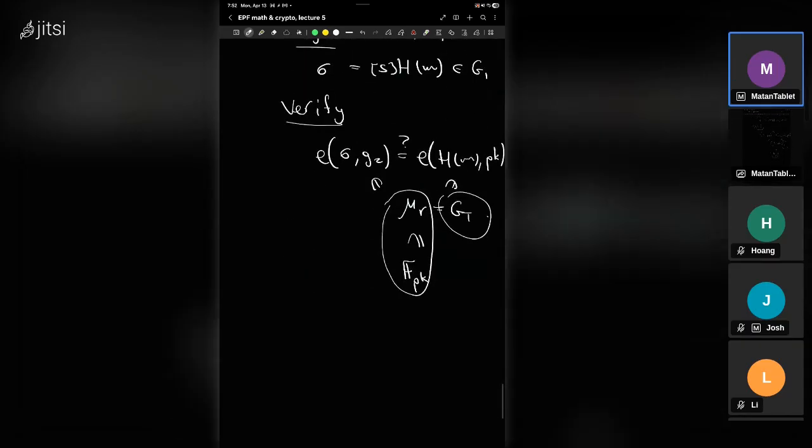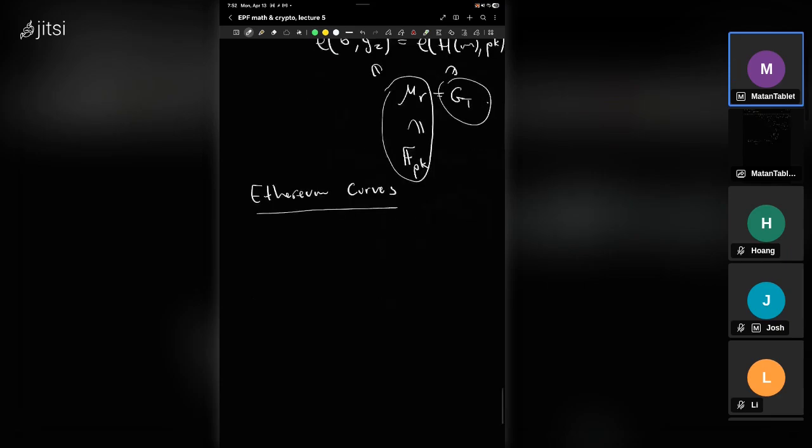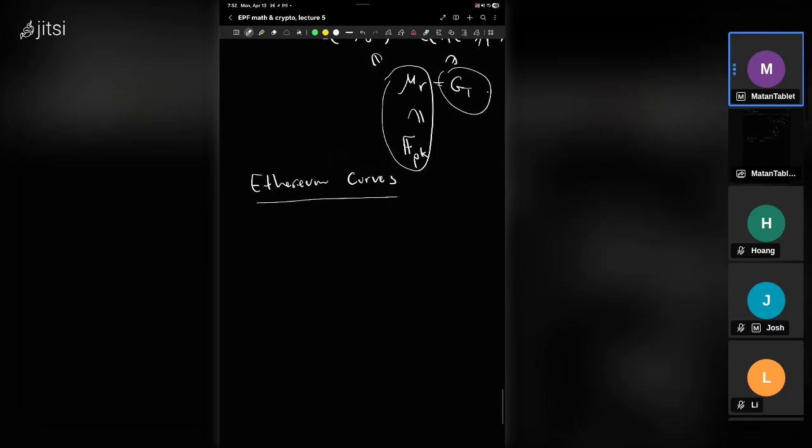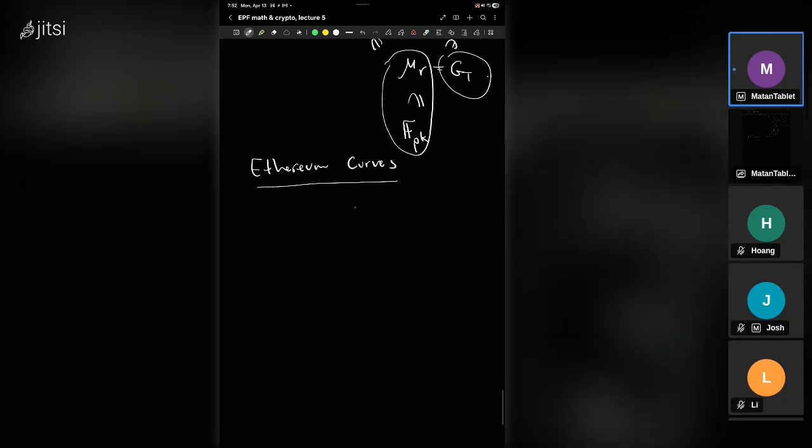So what do people do in Ethereum? There are two curves that are currently being used. Well, let's do the table like this.